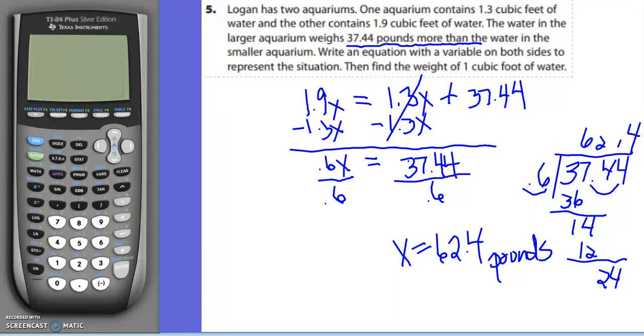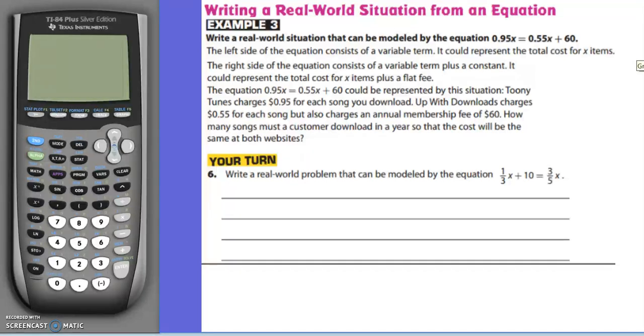Alright, the last one. So it wants us to write a real world problem that can be modeled by the situation 1/3 x plus 10 equals 3/5 x.